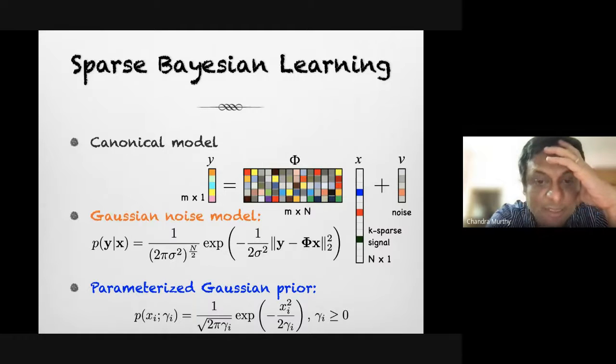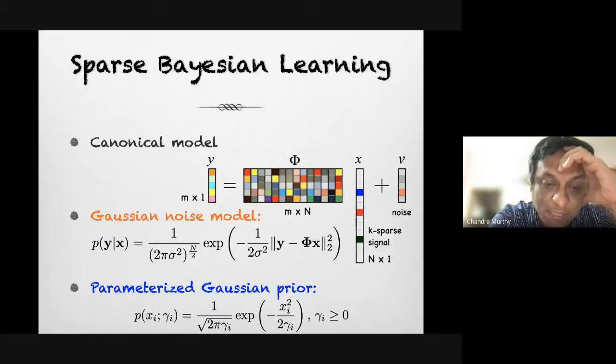In fact, it will yield a dense solution because the g of x that you get corresponding to that is something like norm of x squared, which is not at all a sparsity promoting prior. However, what we'll do here is we'll assume that the variance parameter gamma i is either random and unknown or deterministic and unknown.